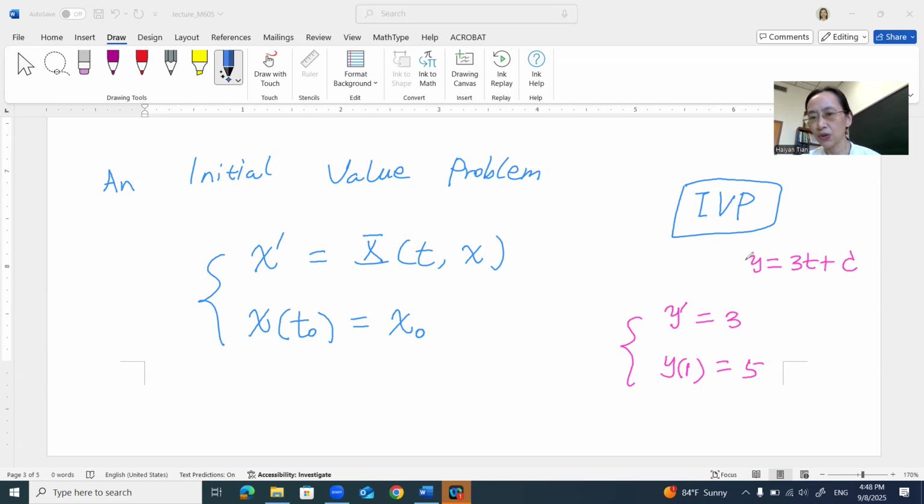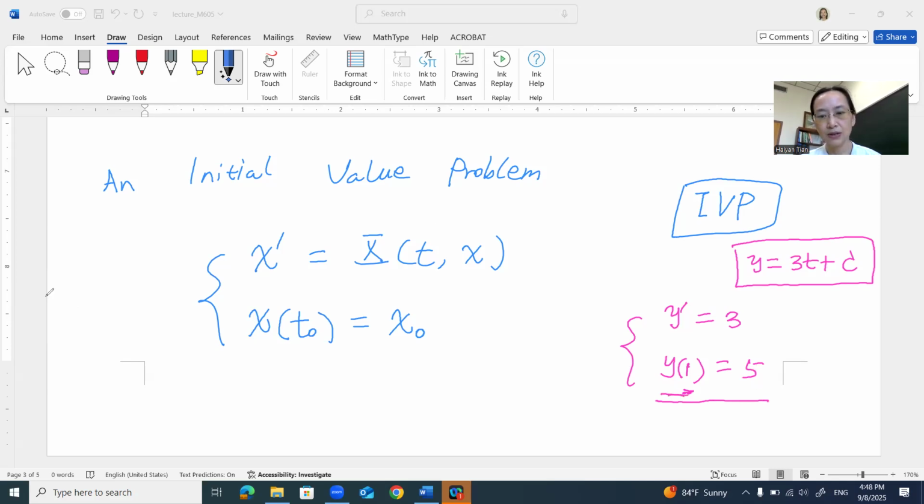So from the first equation, we know all such straight lines will satisfy the differential equation. However, we want to decide a line that will satisfy the initial data as well. That means when t is 1, my y value has to be 5.